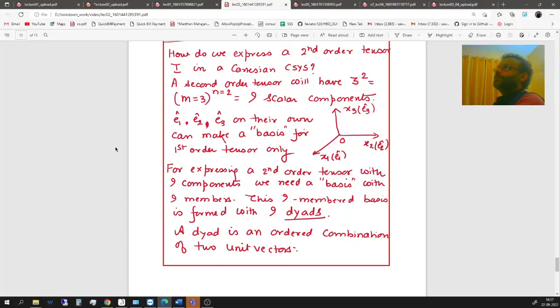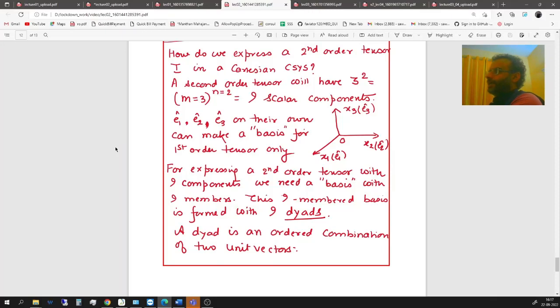So essentially I'm asking what should be my basis for expressing a second order tensor. Now, for expressing a second order tensor with 9 components, we need a basis with 9 members, right? And this 9-member basis is formed with what we call 9 dyads.